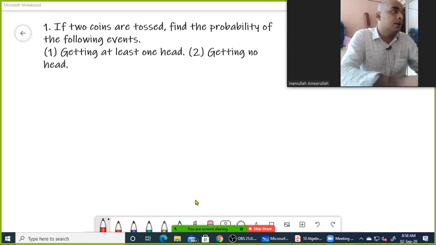In order to calculate the probability, first we need the sample space and the number of sample points. Here we are going to toss two coins together. So first I'll write my sample space.